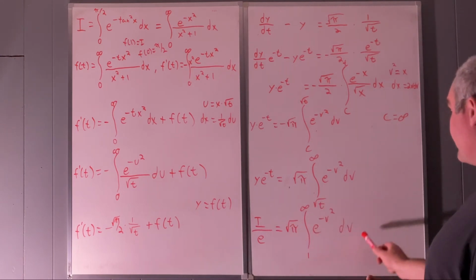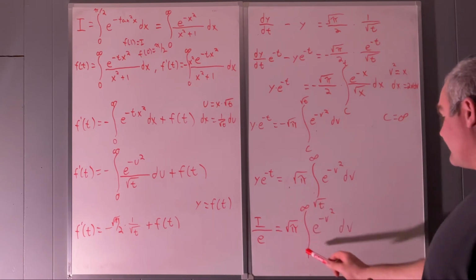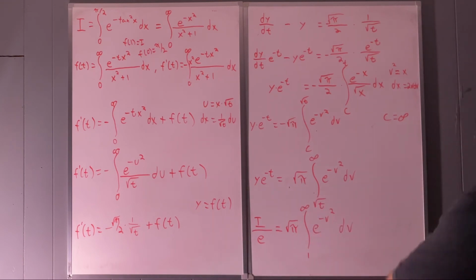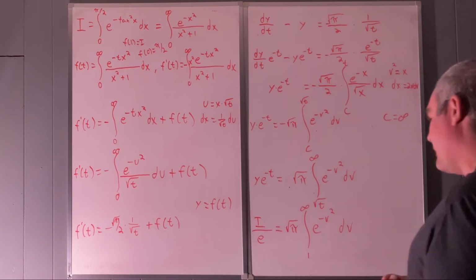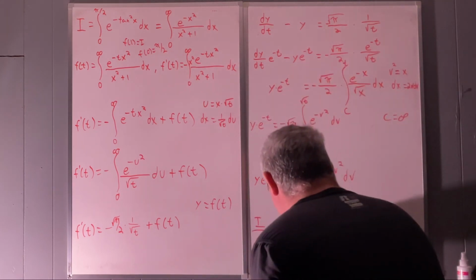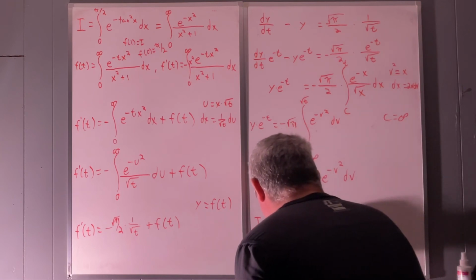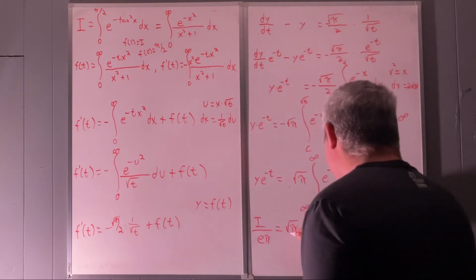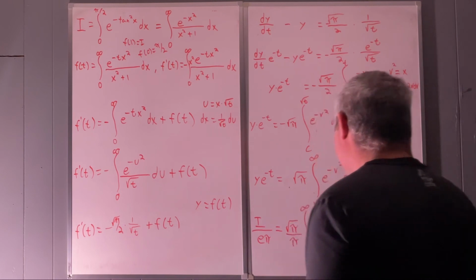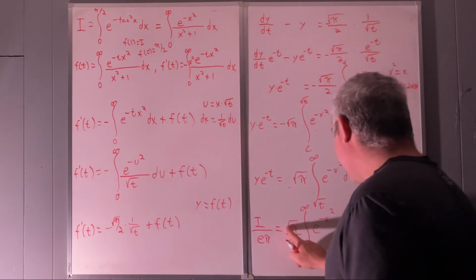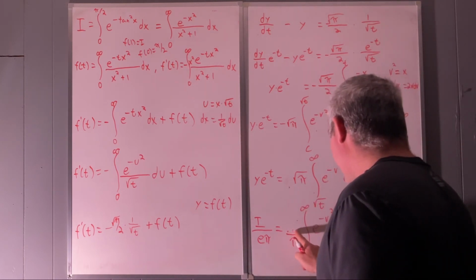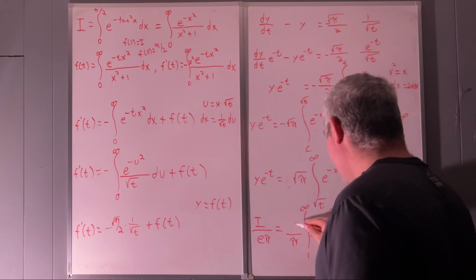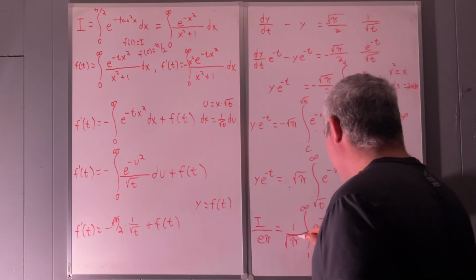This is almost the complementary error function right there. What do we have to do to that to make it the complementary error function? Well, we need the square root of pi on the bottom. So let's divide both sides by the square root of pi, and that will just give us 1 over the square root of pi.